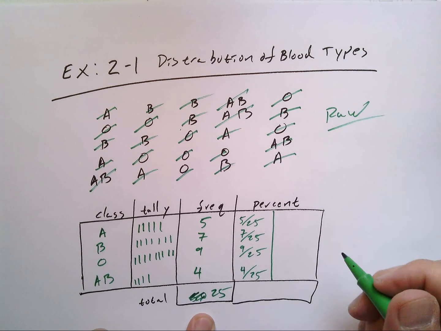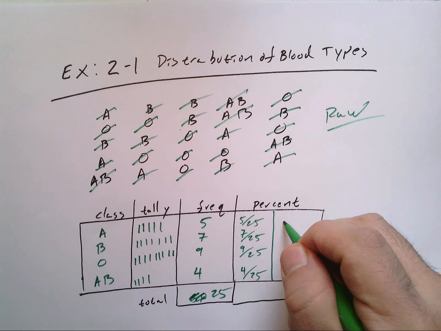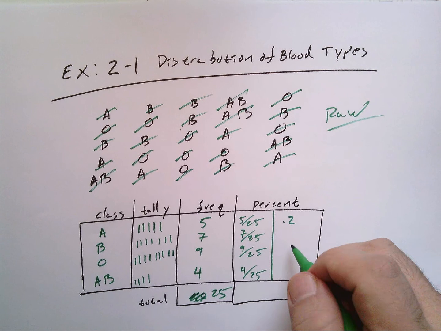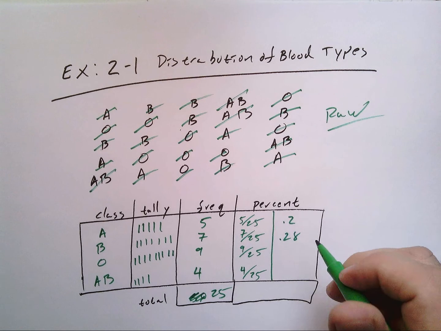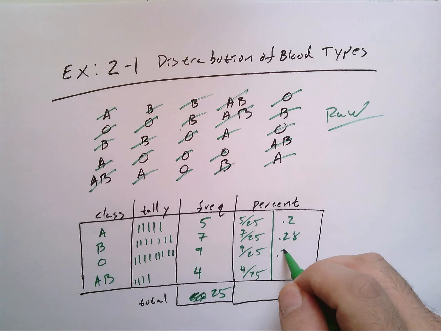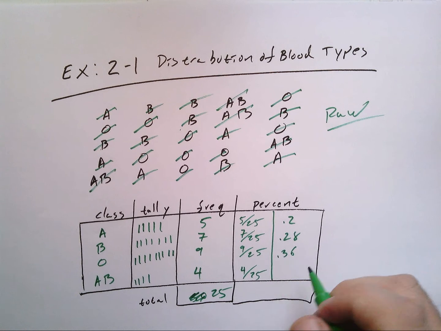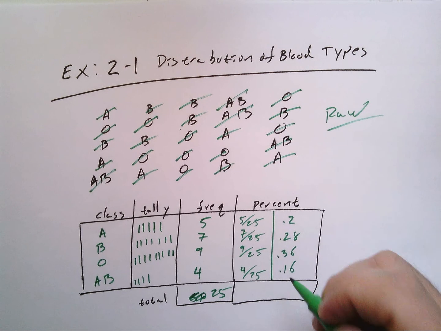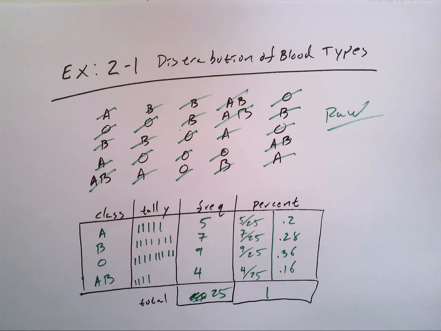As a decimal representation, I have 0.2, 0.28, 0.36, and 0.16. If I add them up, I get 1, which makes sense because 1 is 100%, and I need to account for all of them.